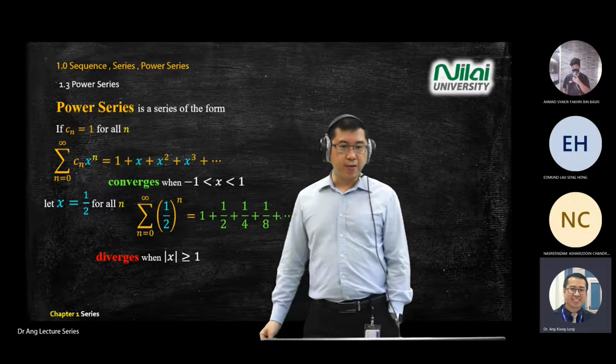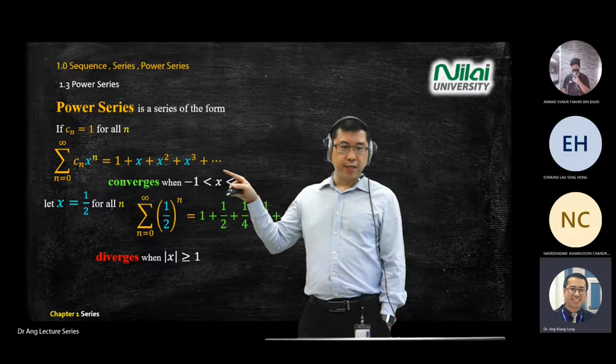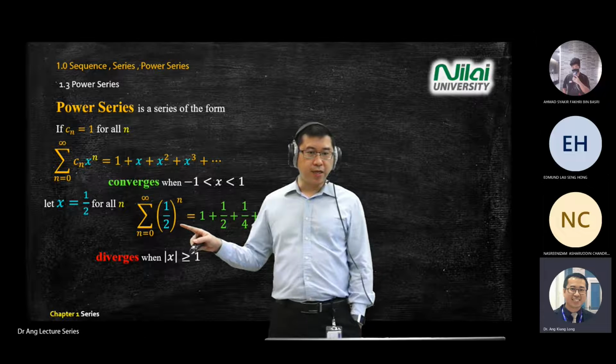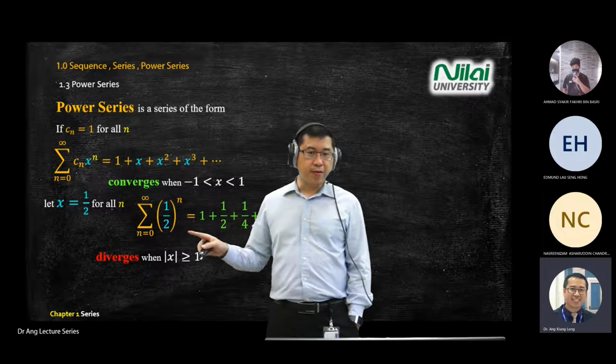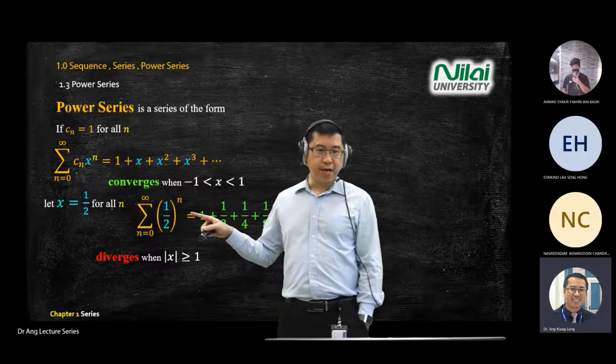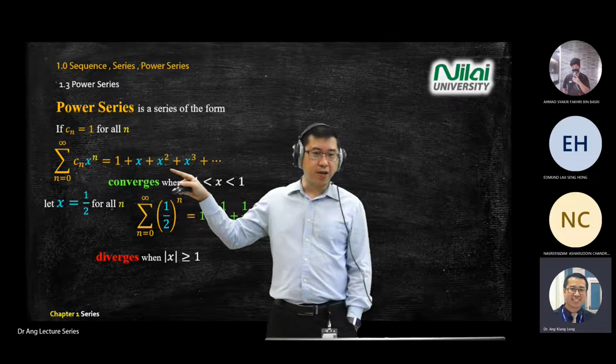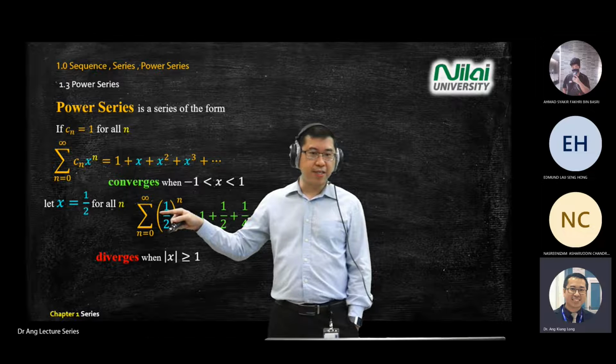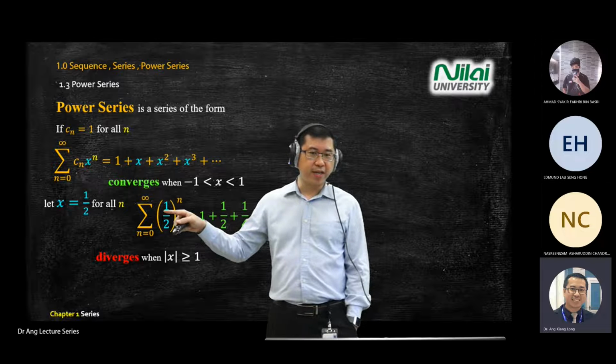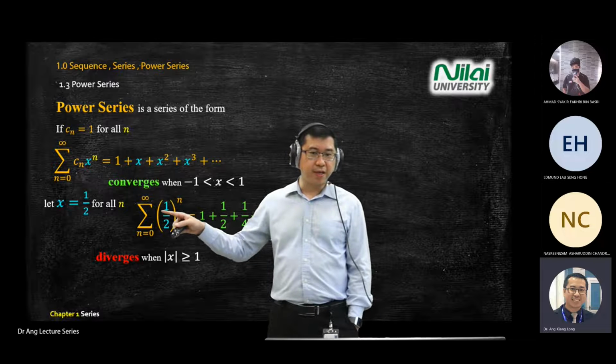So what happened to our equation? You continue using the equation. So x now is half. Why is the c sub n gone? Why do we not write c sub n here? What is the value of your c sub n? 1, right? So you don't need to write 1 here. You are repeating the same meaning.